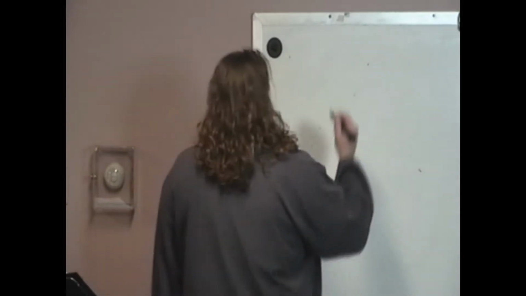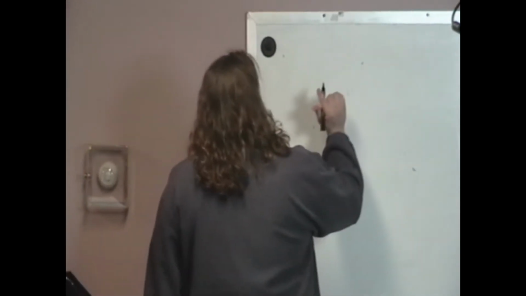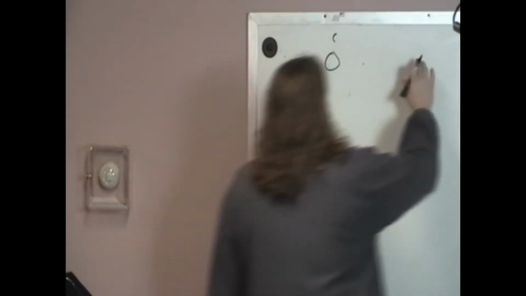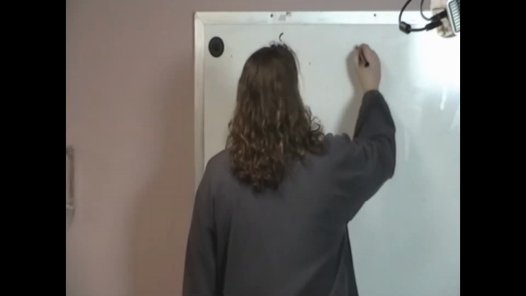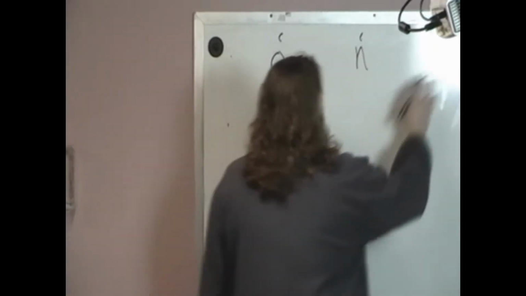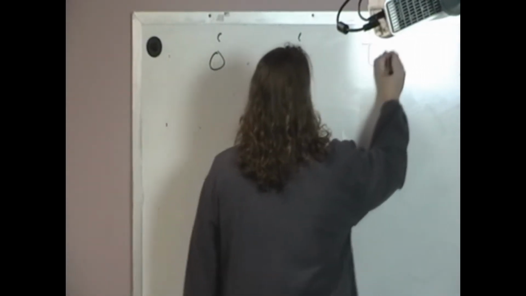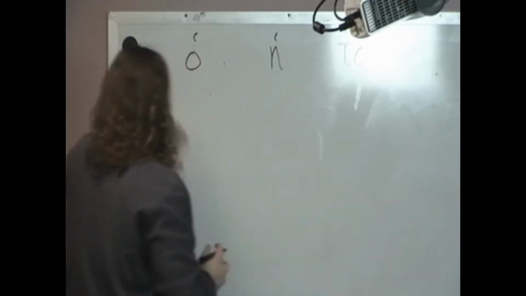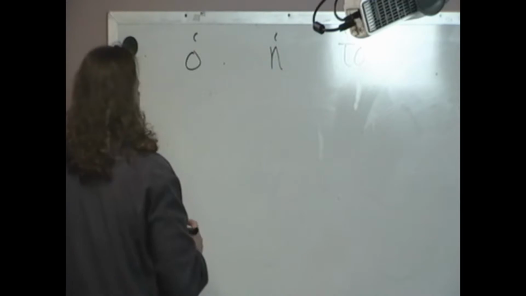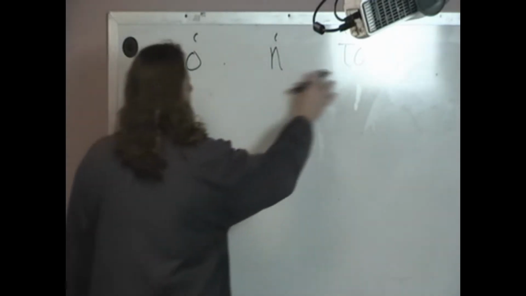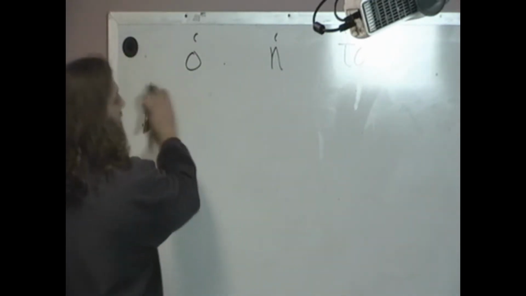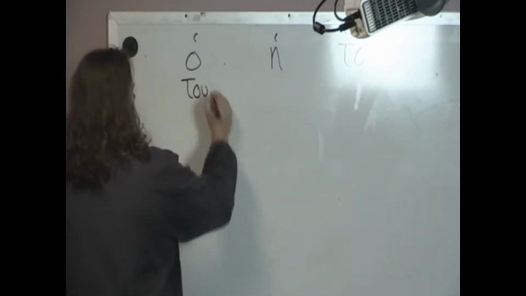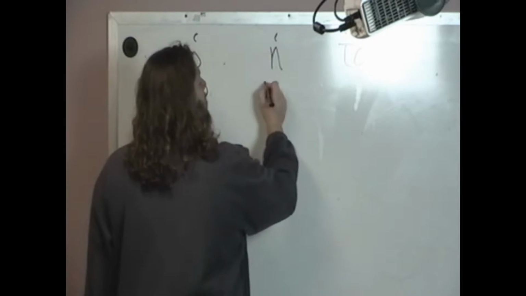So, what's nominative singular masculine? Ho. And what's the next one? He. And to. I'm realizing that I should have wiped this off better on Saturday. Okay. Ho, he, to. Next, genitive singulars. Tou. Tes.